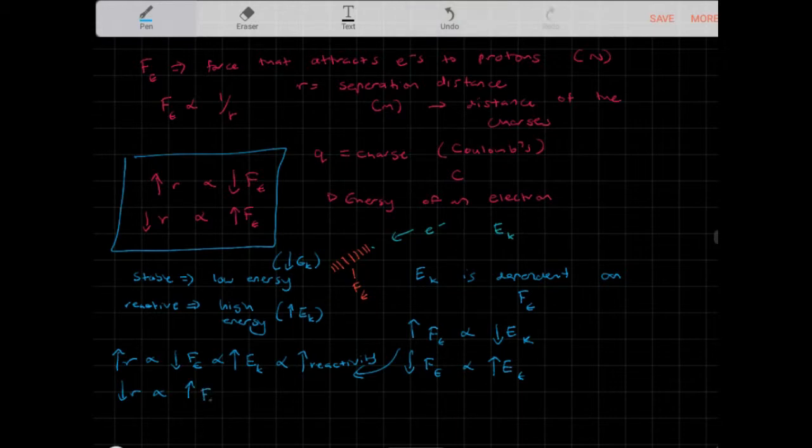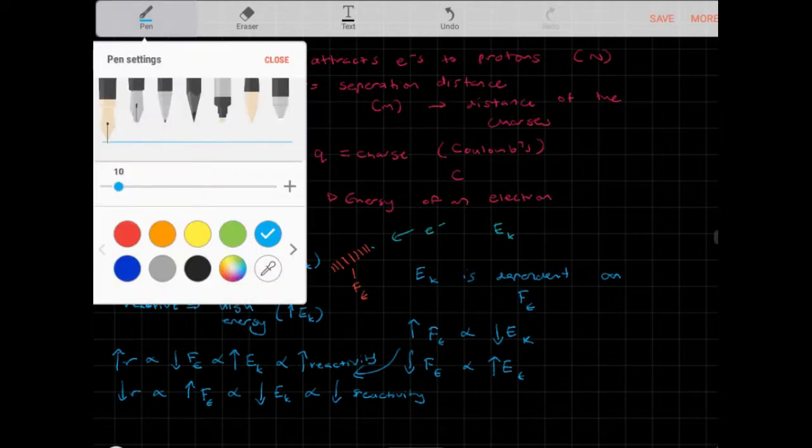So as the separation distance decreases, the force of attraction increases, and as a result, the kinetic energy decreases, and now the reactivity of the electron decreases. So it's a really useful relationship to understand, right?